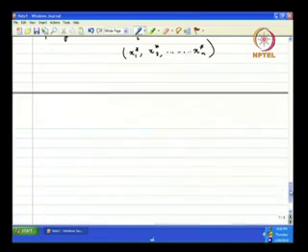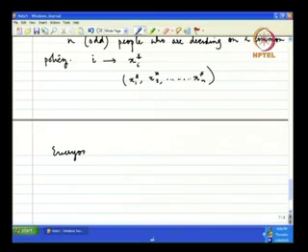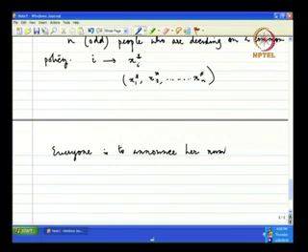In that case, the mechanism that it evolves is that every one of these n people is asked to announce his or her number, and let us call these numbers x1, x2 ... xn.